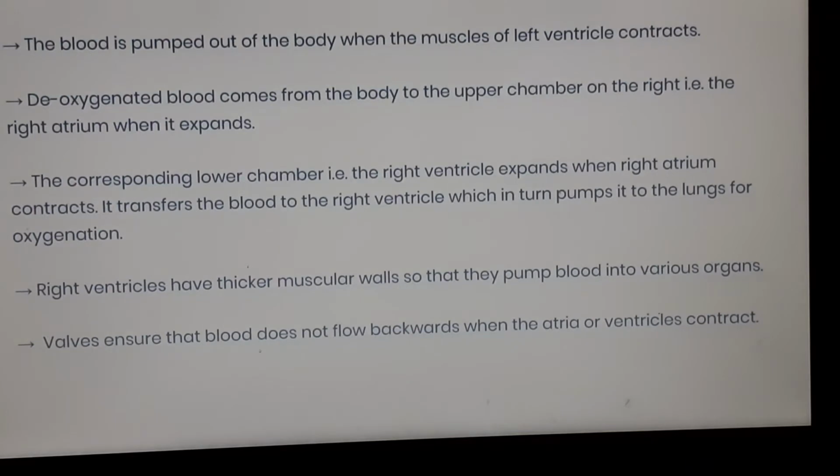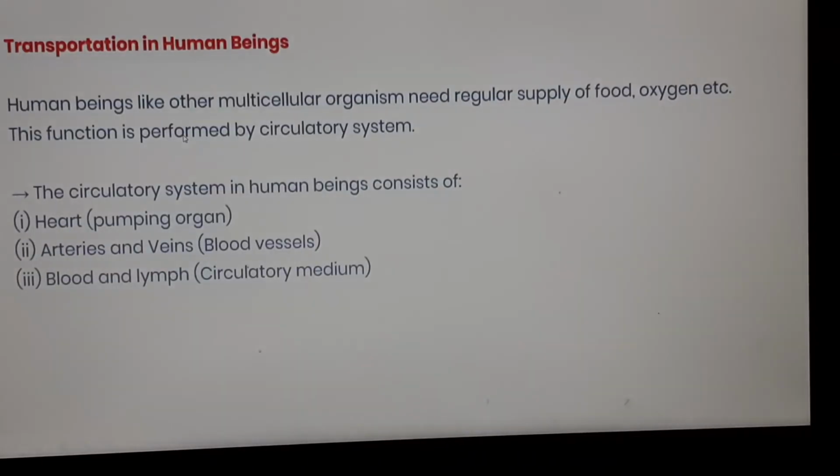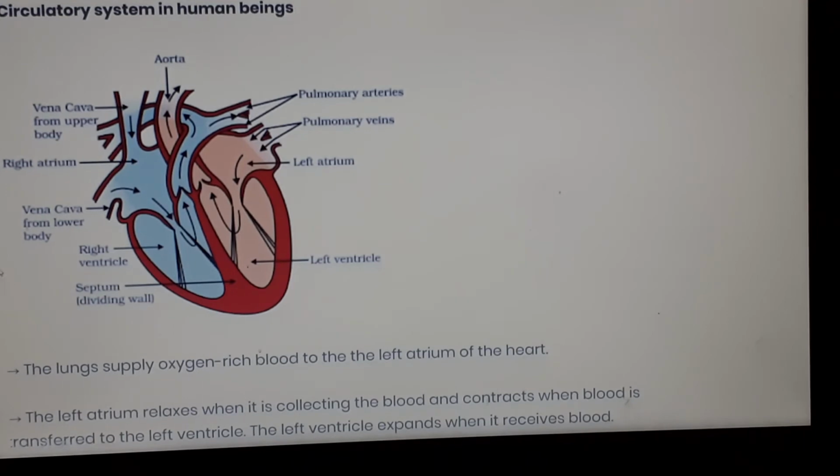Okay, next one. What is the important point here? In general, the ventricles have thicker muscle, because the pumping mechanism takes place here. In the atrium part, the walls are very thin compared to the ventricles.